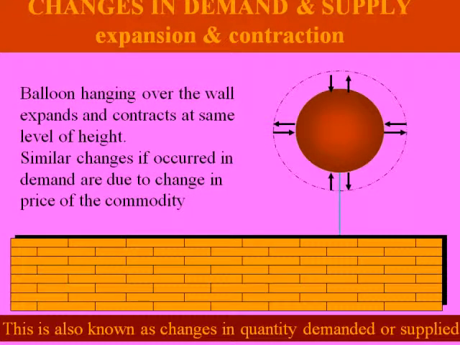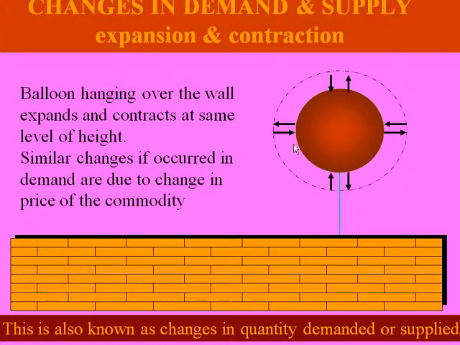To understand the two types of changes in demand and supply, let me use another example. Suppose a balloon is hanging over a wall. In the daytime, the volume of the balloon increases, it expands, and in the night it contracts.